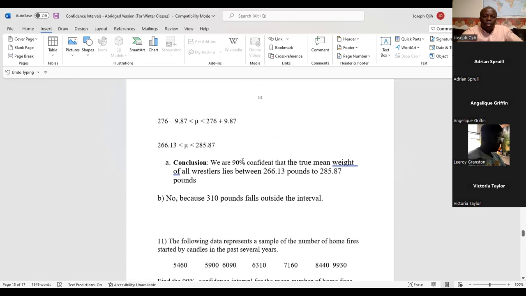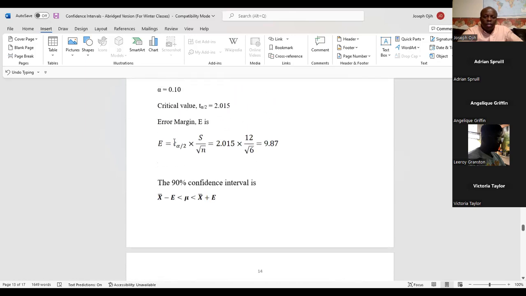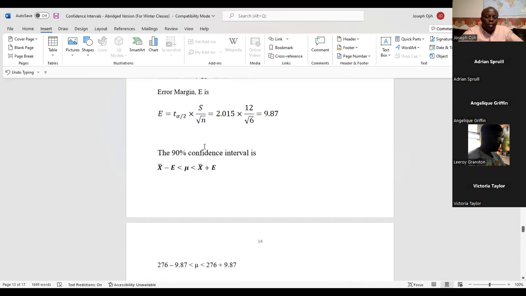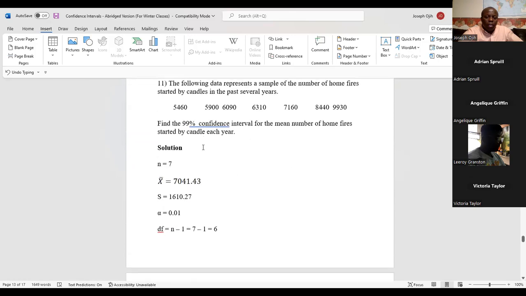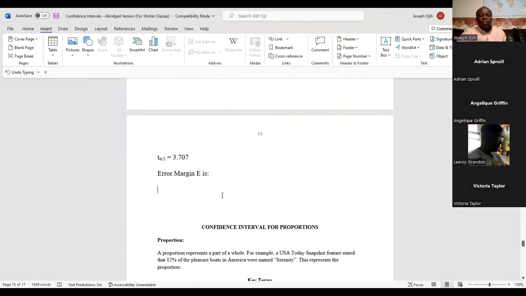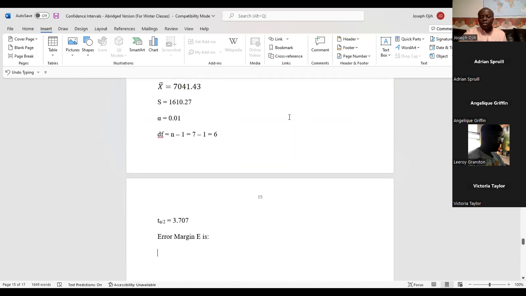Remember, the formula for the error margin is T alpha over 2 times standard deviation over root n. Let me write it down. T alpha over 2 here is 3.707.